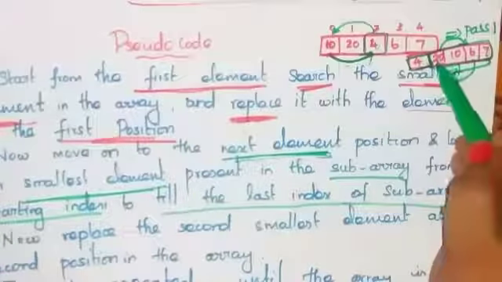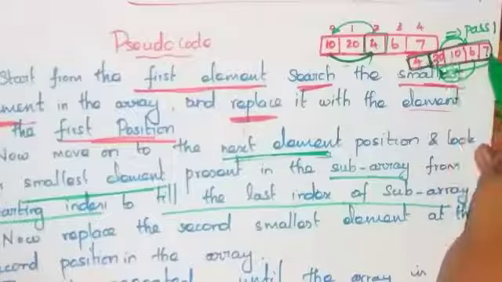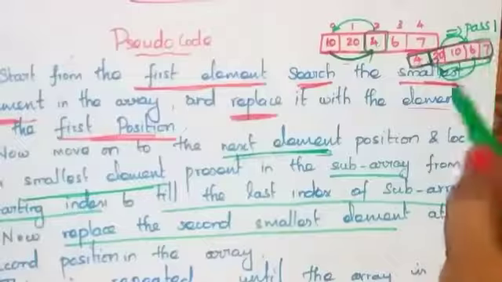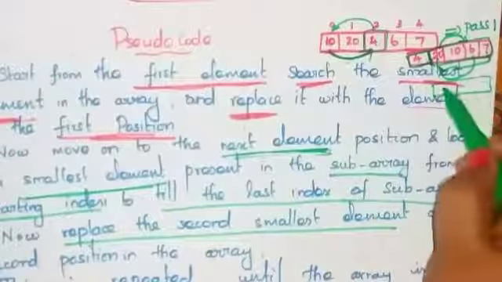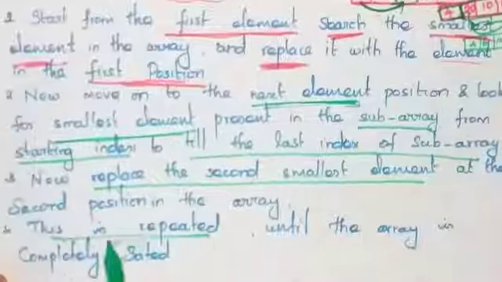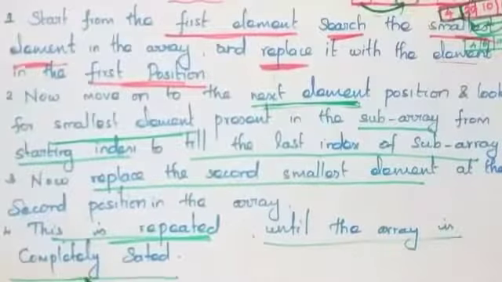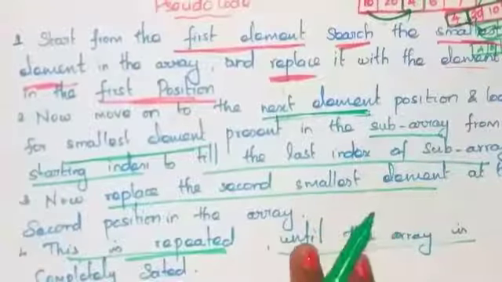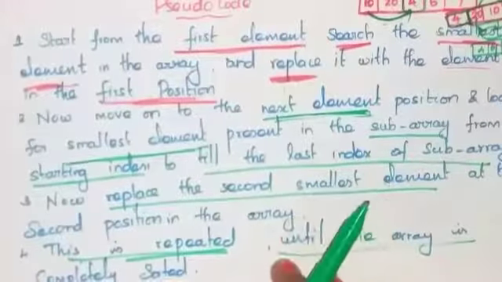Now replace the second smallest element. So we replaced this 6 here, 20 here. This is repeated until the array is completely sorted, in the respective order.